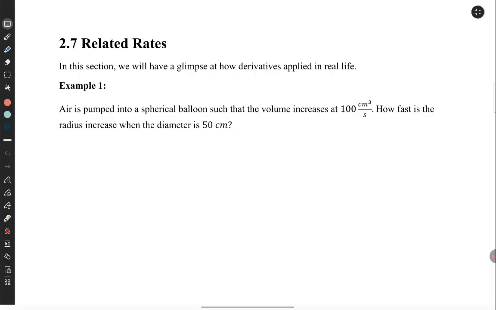Okay, so air is pumped into a spherical balloon such that the volume increases at a rate of 100 centimeter cube per second.